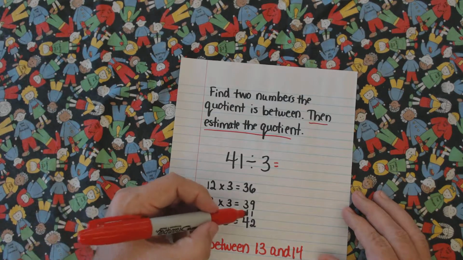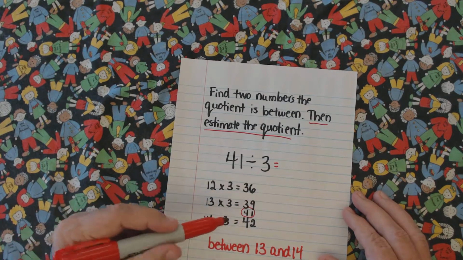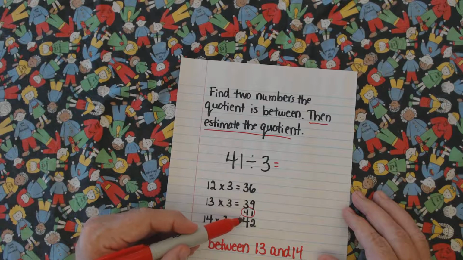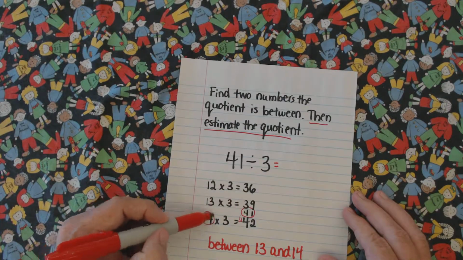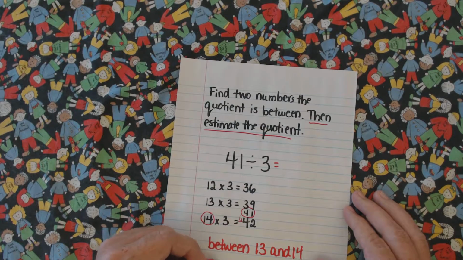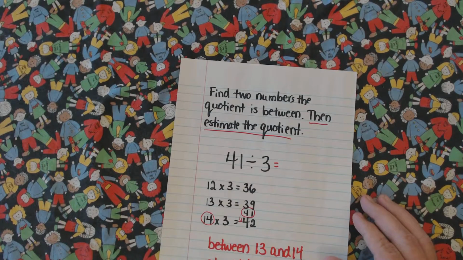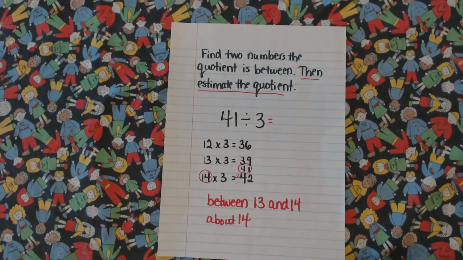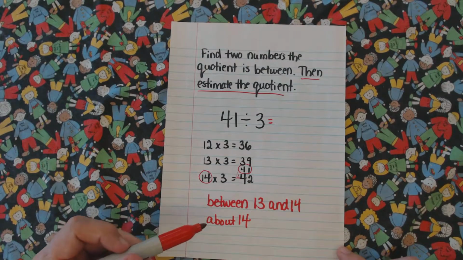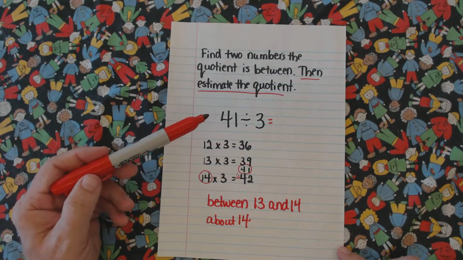And here's where we're going to look at our product. 41 is closer to 42 than it is to 39. Therefore, it's going to be closer to 14. So they'll answer about 14. Whoops. A little bit off the screen there. So about 14.